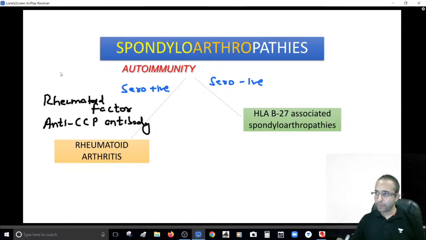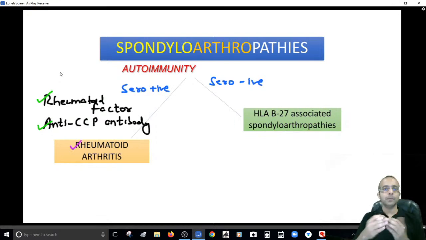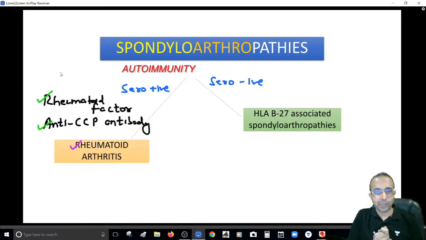So when you are able to document these autoantibodies in the serum, that is where you say that this is the seropositive spondyloarthropathy, which is rheumatoid arthritis. But as I told you, there are some spondyloarthropathies where the autoimmune factor is not known. They come into this category, seronegative spondyloarthropathies.